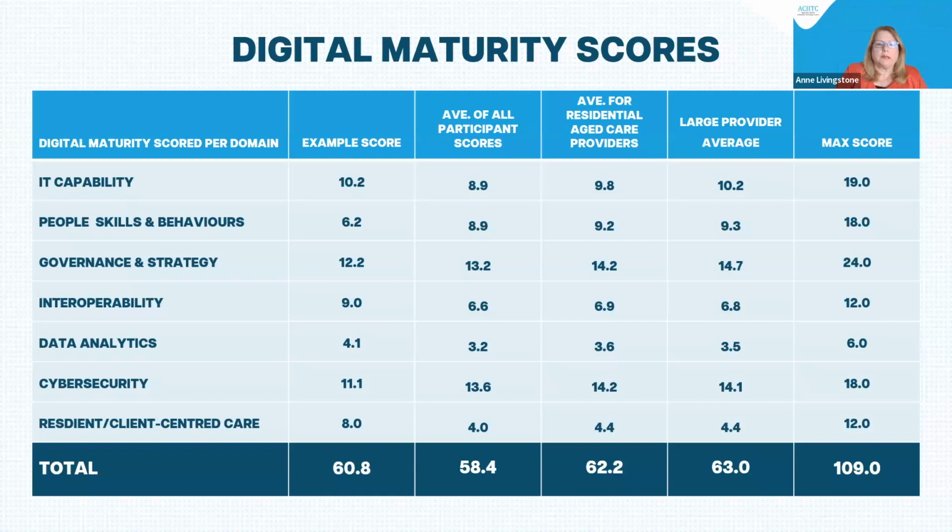And for example, there's an example score in the next column. The average score of all participants across those items. And then the average, you can see there, of residential aged care providers and large providers. And you can see the potential of the maximum score at the end.